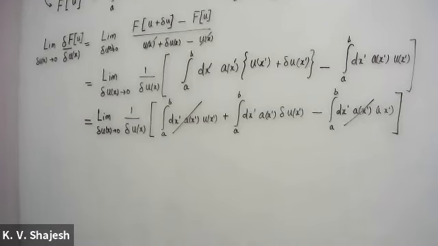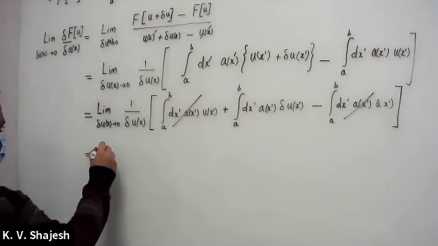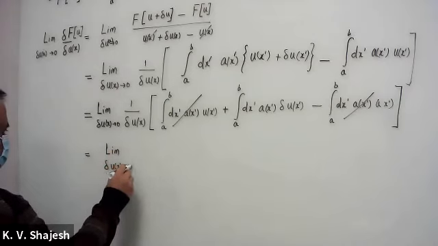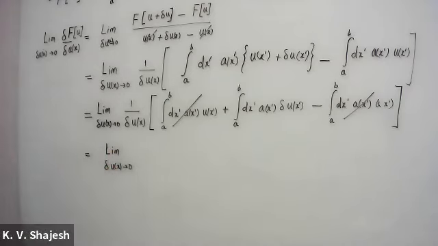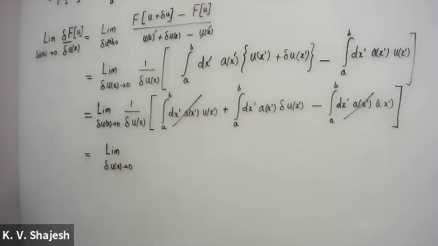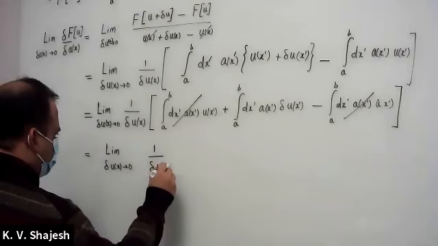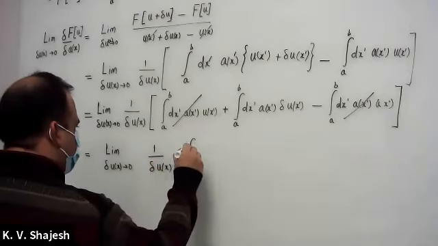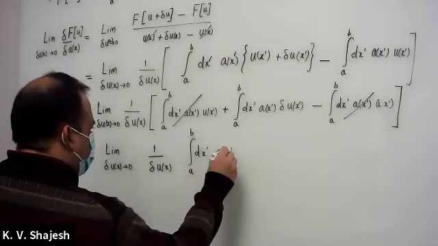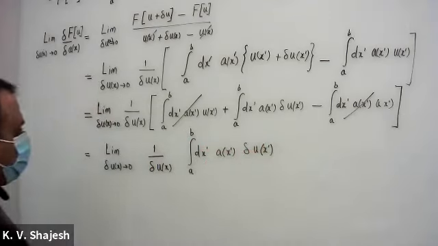Now that's equivalent to the limit. And this is a change, right? A change in the function. This is not just a variable change, that's a change in the function. So that's delta u of x, and that is the integral a to b dx prime, a of x prime, delta u of x prime.